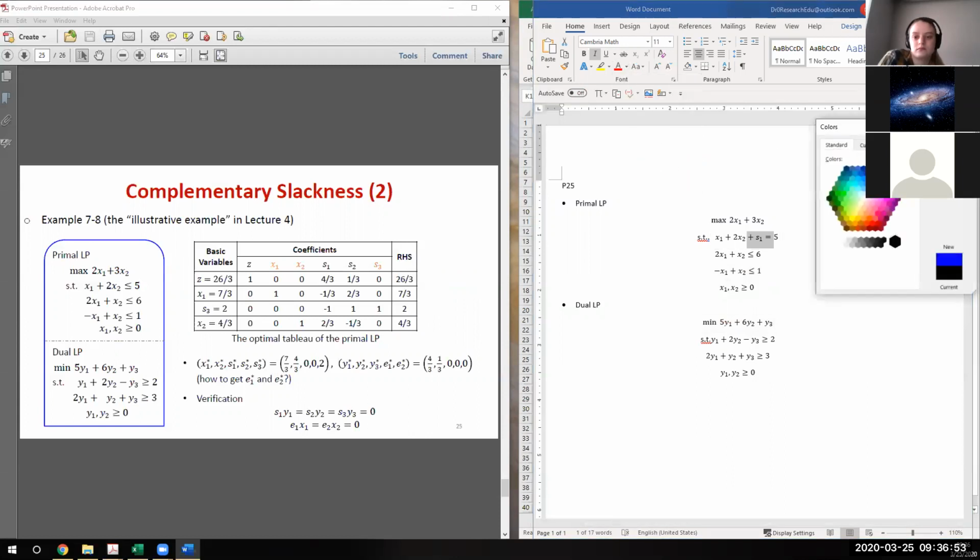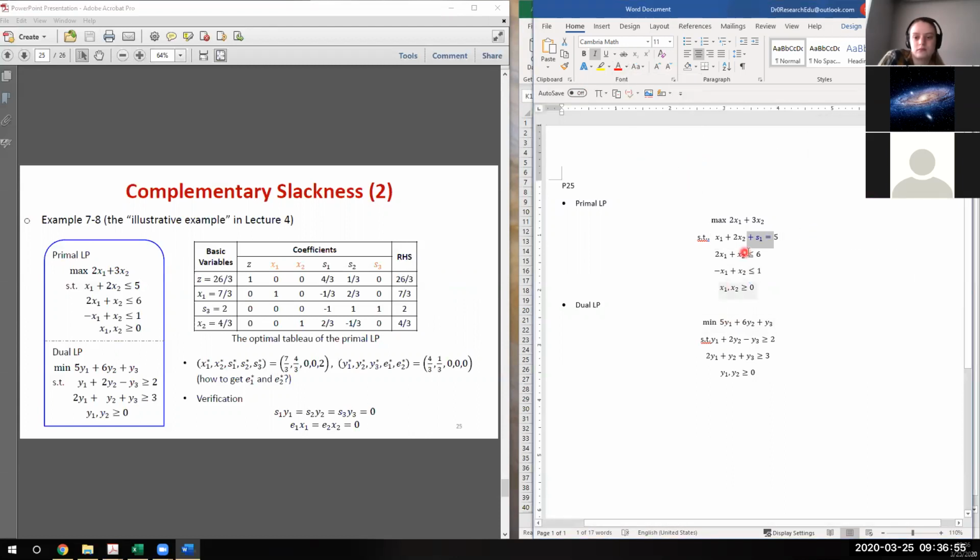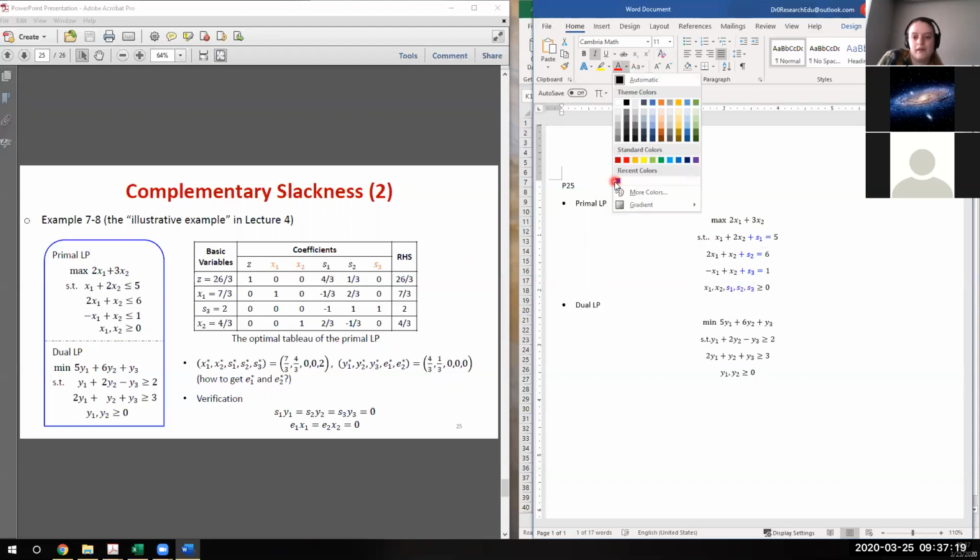Then this one is going to be x2 plus S2 and this one S3. And of course, here I have S1, S2, S3 greater than or equal to 0. Let me use the blue color again to indicate that these are the slack variables.